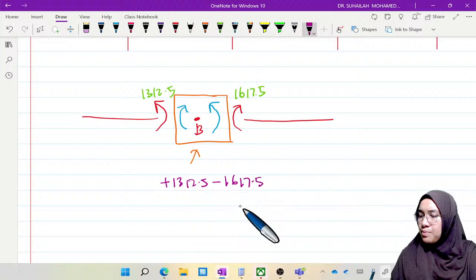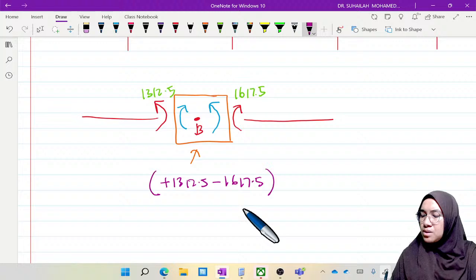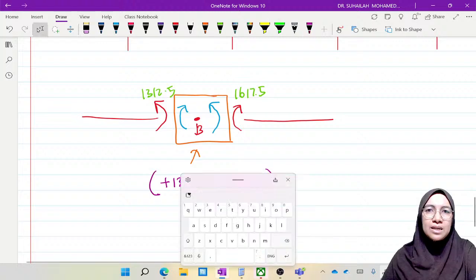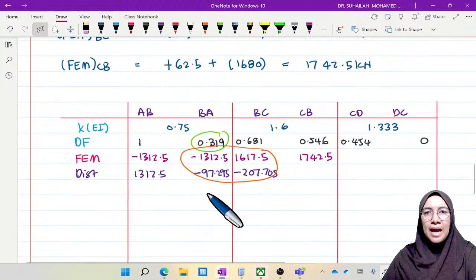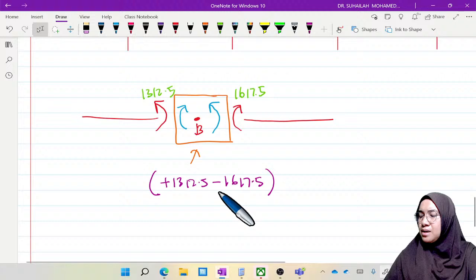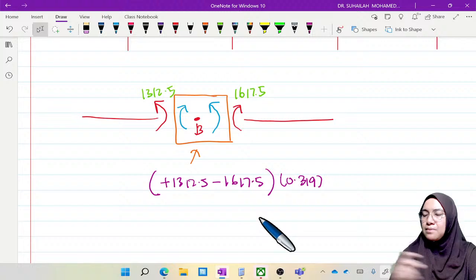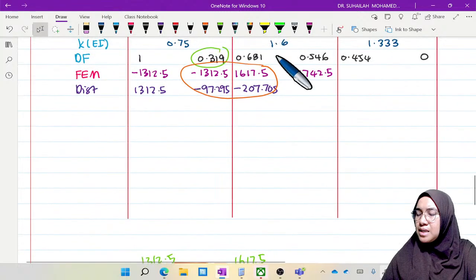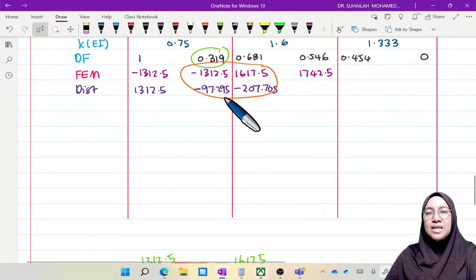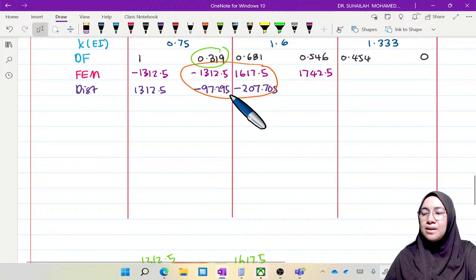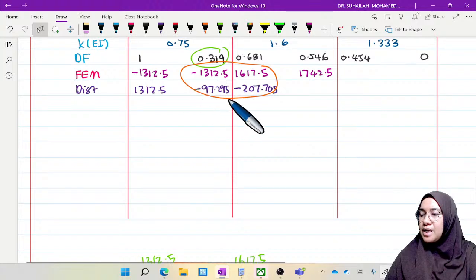This total we times with the distribution factor, which is 0.319. So that is why we get the value as negative 97.295.